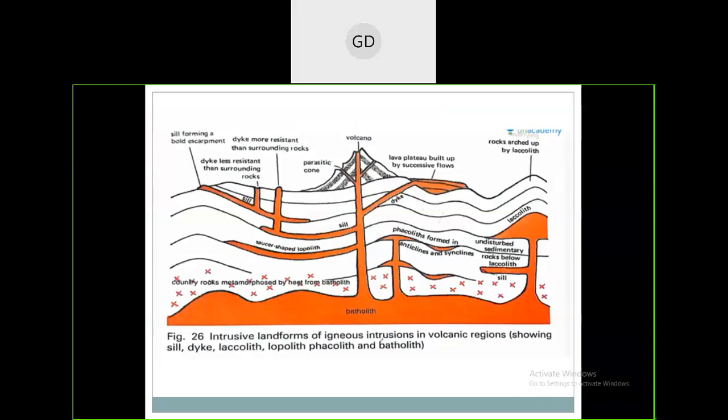When the volcano is erupting, what is happening below the earth's surface? We will see through this diagram. First we will talk about concordant bodies. The first one is your sill. So what is a sill? You can see here.